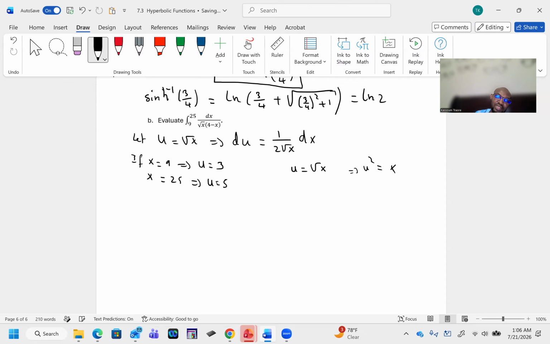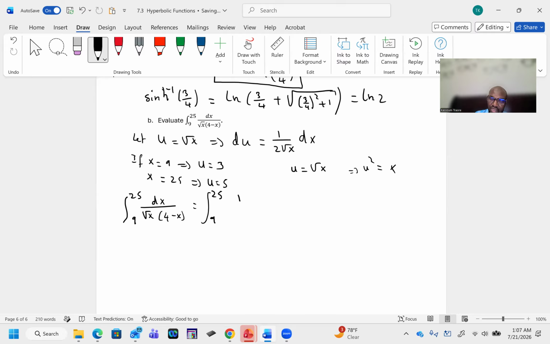By doing this substitution, we will see our integral from 9 to 25 of dx over the square root of x times 4 minus x can be rewritten as this, because I want you to get used to substitution. You need to really practice this.